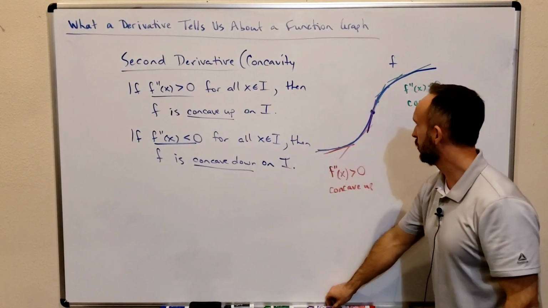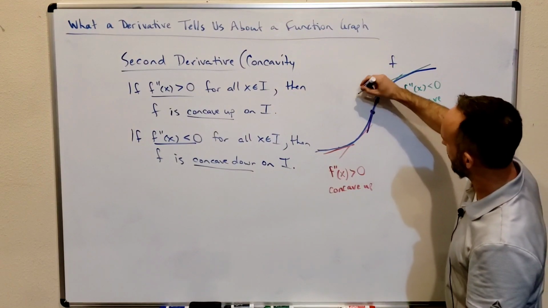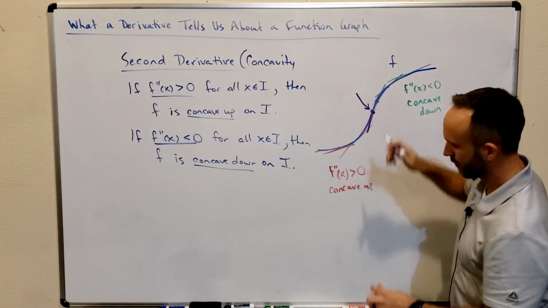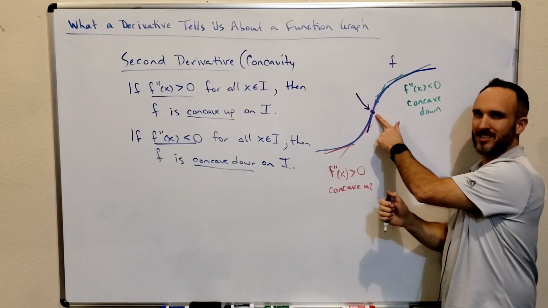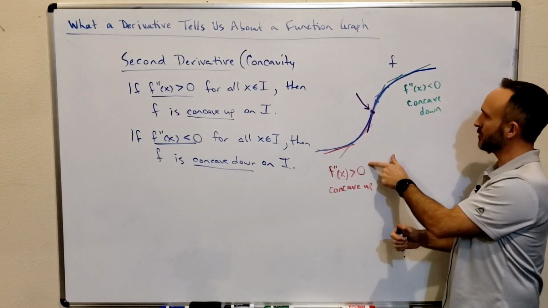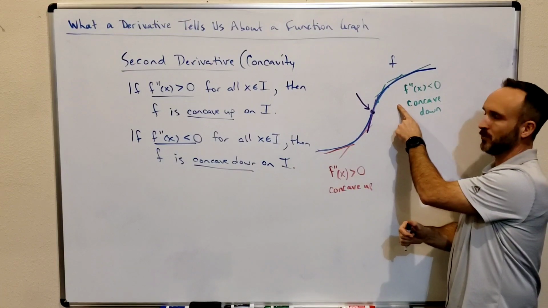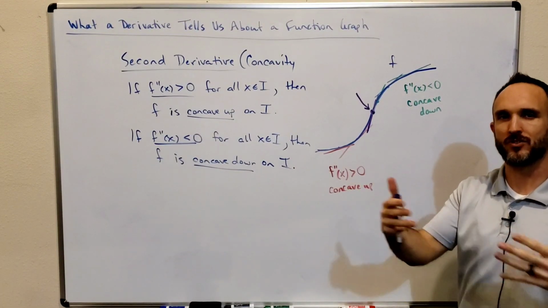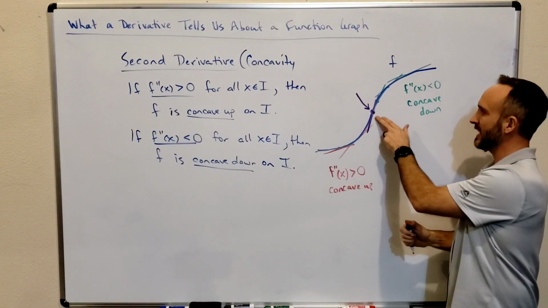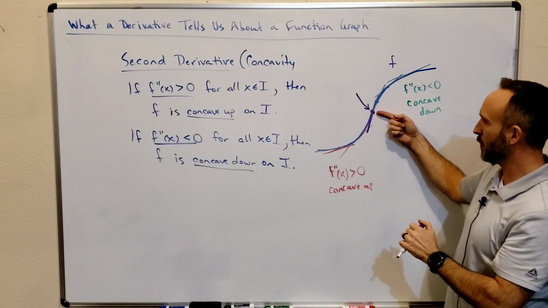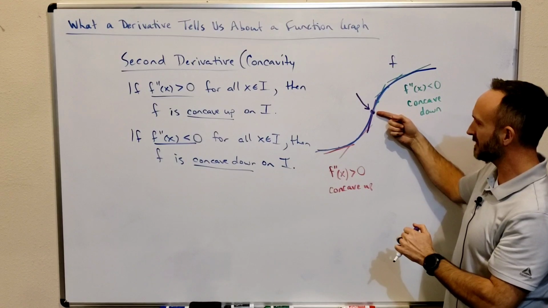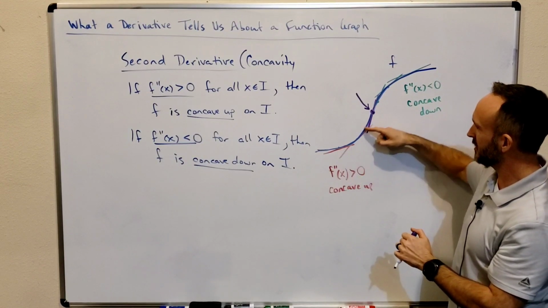Now, let's talk more importantly about this point here. When you have a point where the function's continuous and the second derivative changes sign, right? We looked at what happens when the first derivative changes sign, but when the second derivative changes sign, what happens? Well, this is precisely where the curve changes concavity.